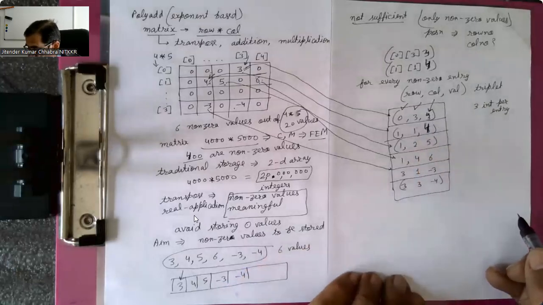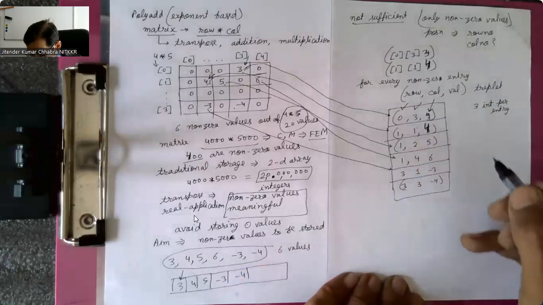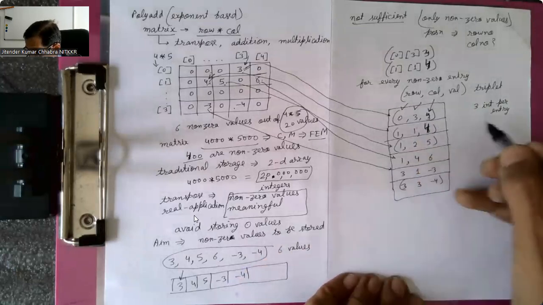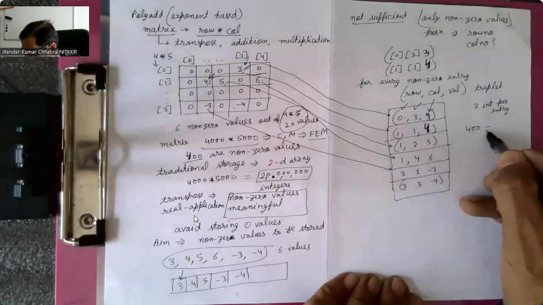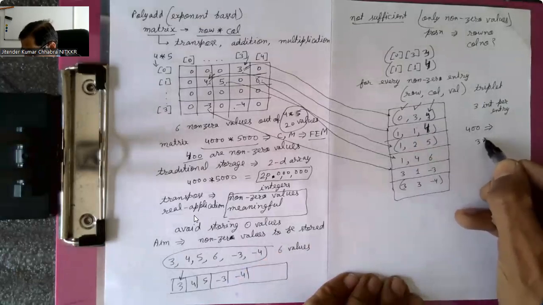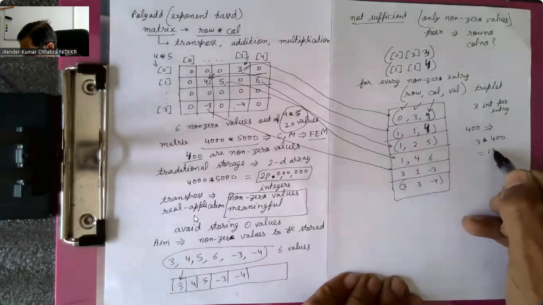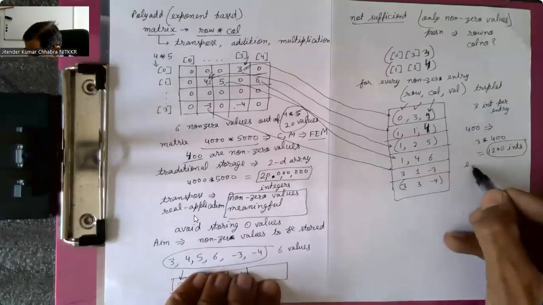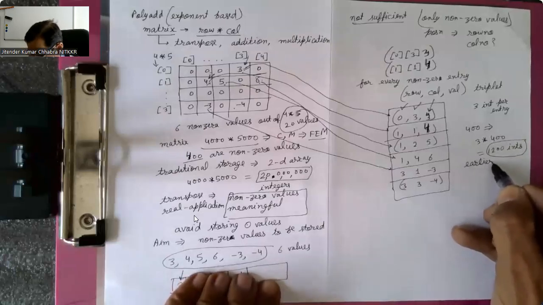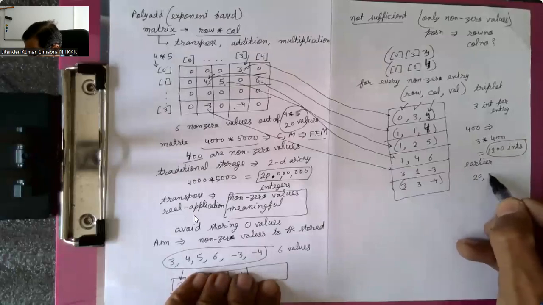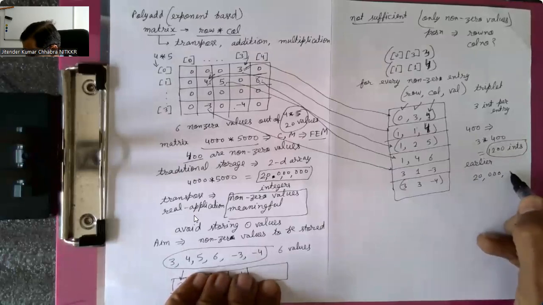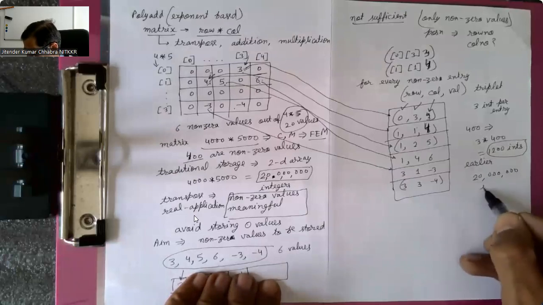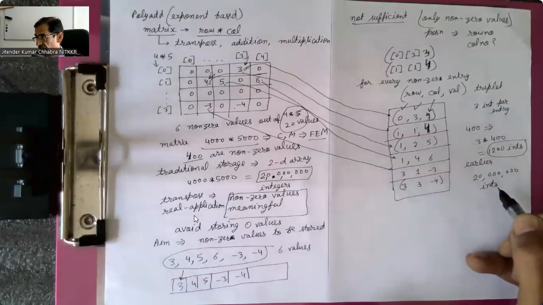So for every non-zero entry, I have 3 integers to be stored. If I had 400 non-zero entries, that will mean 3 into 400, 1200 integers to be stored. And earlier, for my traditional storage, it required 2 into 10 raised to 7 integers. So I can save a lot of space.